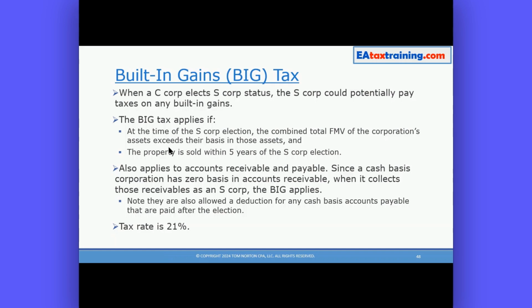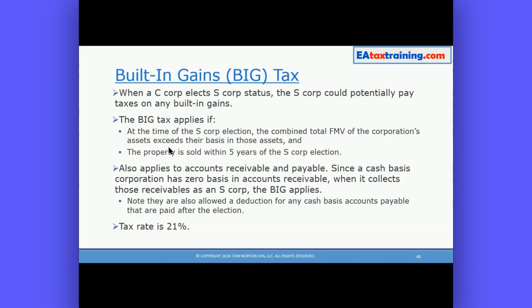So you can't be a C Corp, elect S Corp status, turn around, sell those assets at a gain, and escape double taxation on that gain by being an S Corp. So that's what this big tax is trying to prevent.